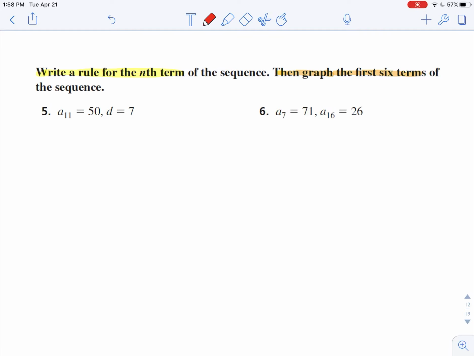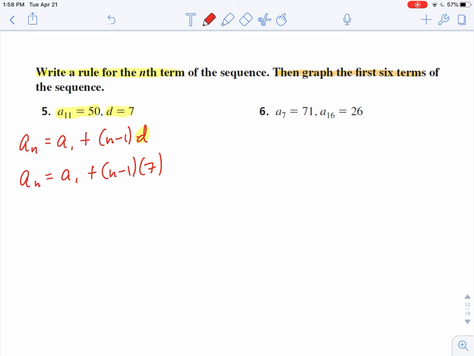So let's write our general formula. A sub n is equal to a sub 1 plus n minus 1 times d. They're giving us d here, which is good. They're giving us this consistent value of d, so we know what d is. Let's replace it. So a sub n is equal to a sub 1 plus n minus 1 times 7. But we now need to take advantage of the 11th term being 50.